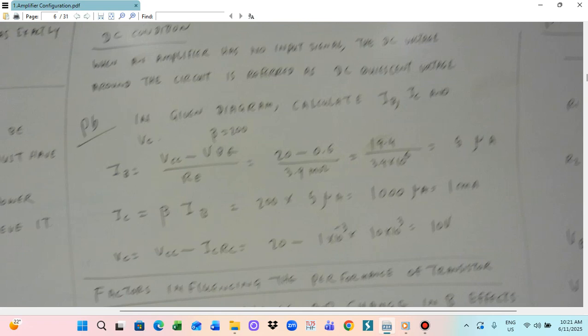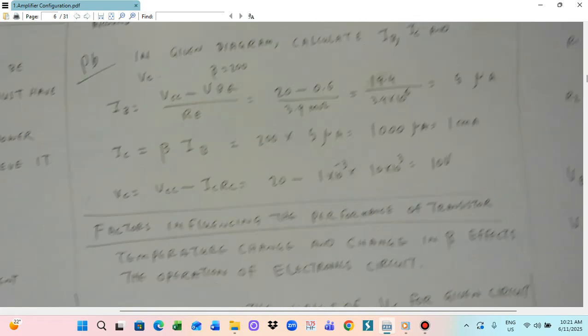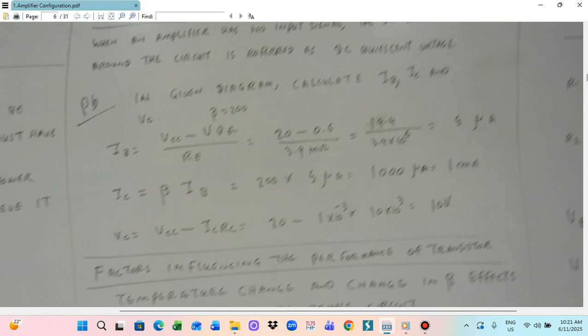In this DC condition, we have to reduce the potential barrier. We do the biasing because we want to reduce the potential barrier so the electrons can flow for conduction. After that, we can provide the input signal. So that situation is the biasing circuit.